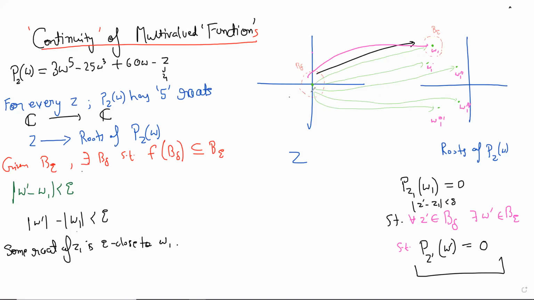What I'm saying is, if you take Z1 and take it closer and closer to Z, after some point, when Z1 is close enough to Z, that is, when Z1 is in that delta ball, then at least some root of Z1, some image of Z1 will be inside this epsilon ball, which means epsilon close to W1.